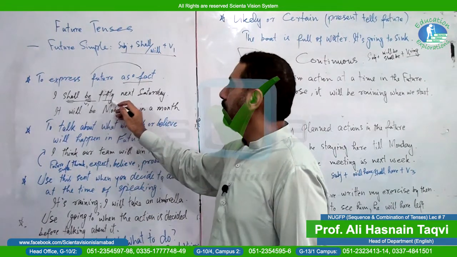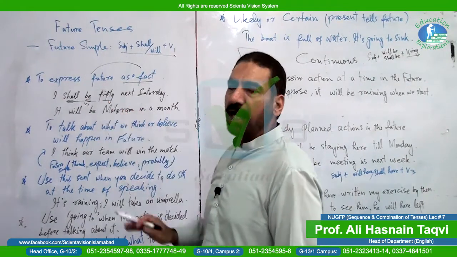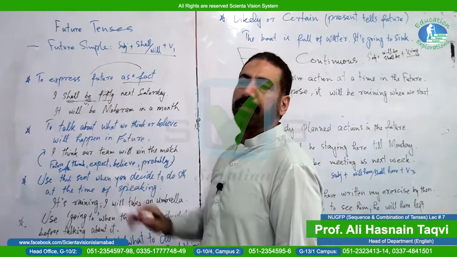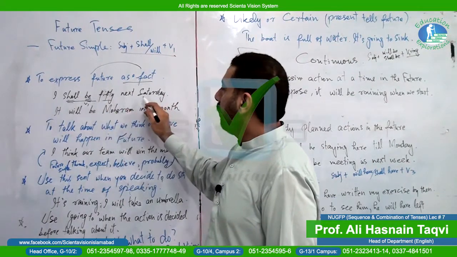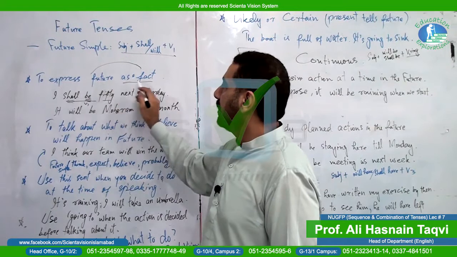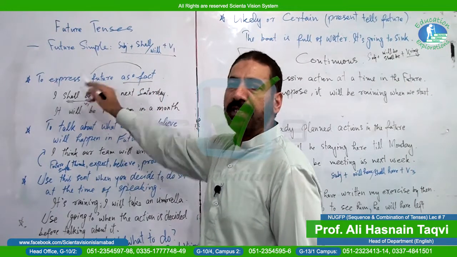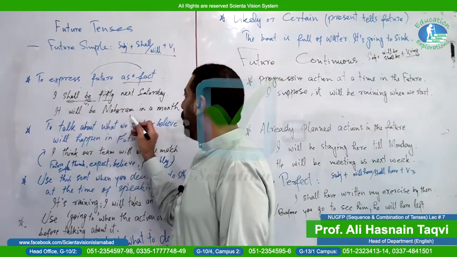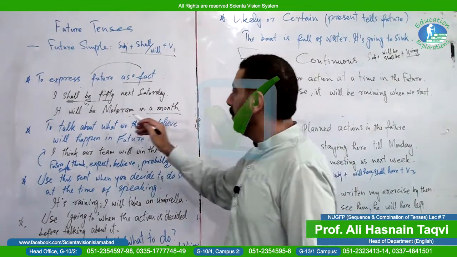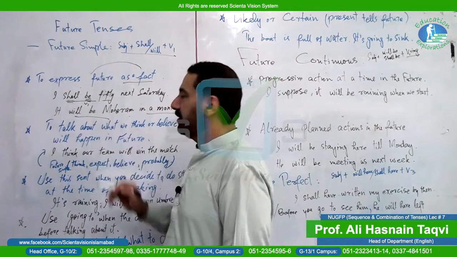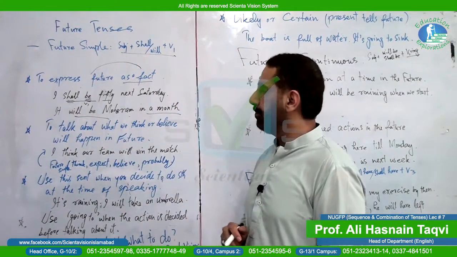If instead here had been I shall be going, then it would have been a future continuous tense. In this case it is future simple. So why are we implying it? Because we are expressing a fact that is to take place in future. It will be Muharram in a month. So about future, a fact is discussed through future simple.